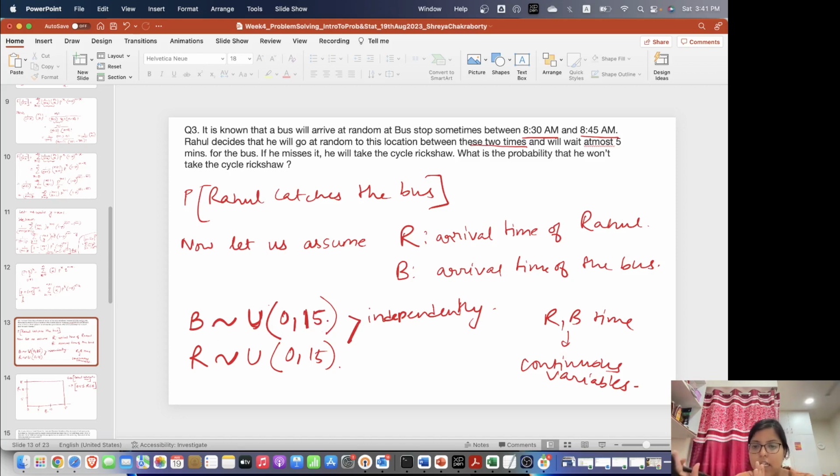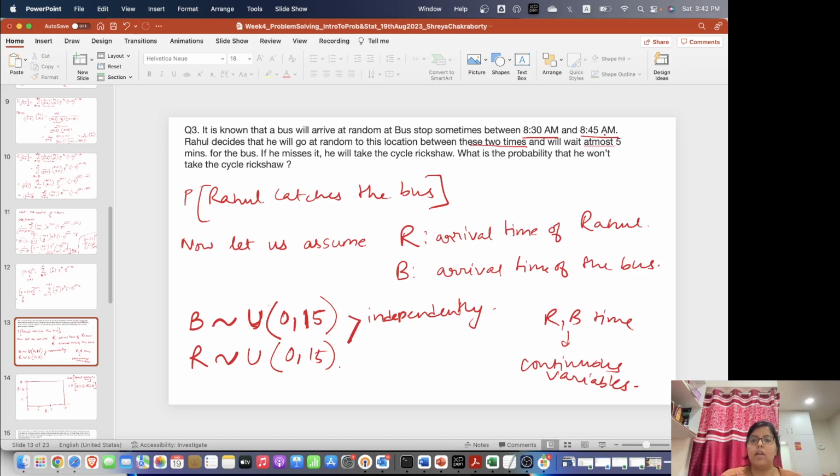It's not discrete, it's continuous. So we are assuming that both the arrival times follow a continuous uniform or rectangular distribution with a equal to 0 and b equal to 15, because the time frame we are looking at is 0 to 15 minutes between 8:30 and 8:45 a.m.